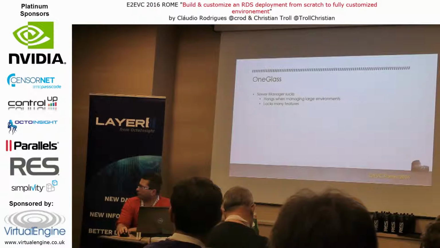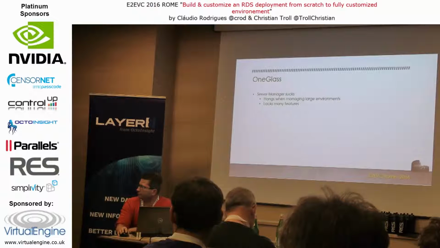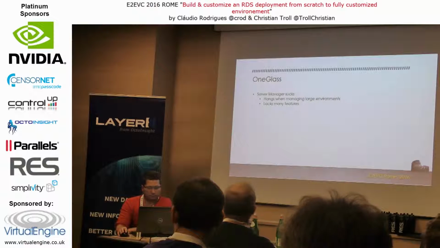So if you're managing multiple environments, you can go into one tool, point to all your connection brokers, and you're gonna see all your deployments, and you can expand your deployments, you're gonna see your collections, and all the information about the collections, what applications are available, which users are connected, and you can interact with the users like remote control, messaging, everything. You can see the UPDs, which ones are mounted. You can mount the UPD locally, so you can look into the user profile, what is there. So everything from a single console. That was the main idea with One Glass. Okay?